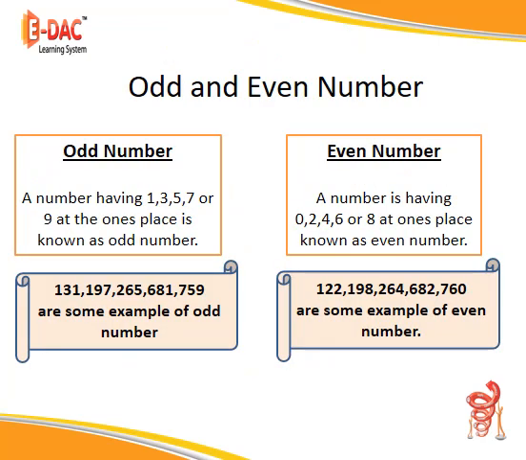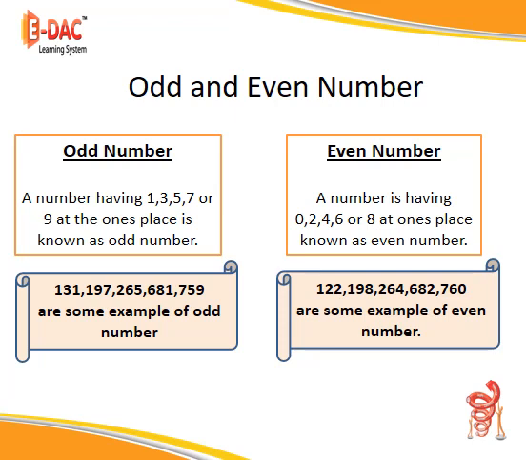Odd and even numbers. Odd number. A number having 1, 3, 5, 7 or 9 at the ones place is known as an odd number. For example, 131, 197, 265, 681, 759.